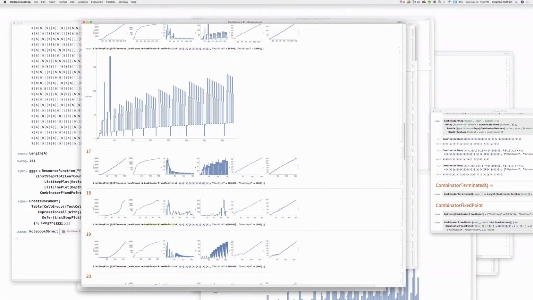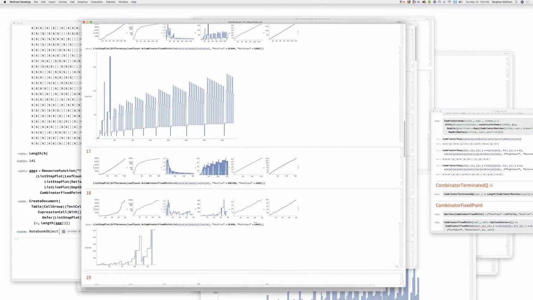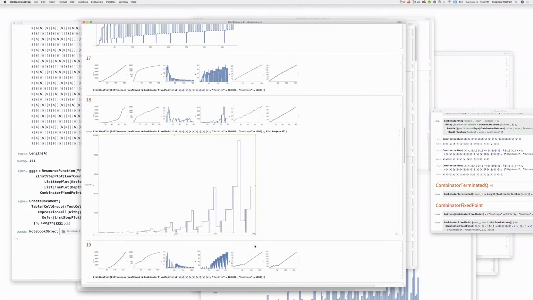This puppy looks promising. Nope, that's definitely a fractal behavior of some sort.